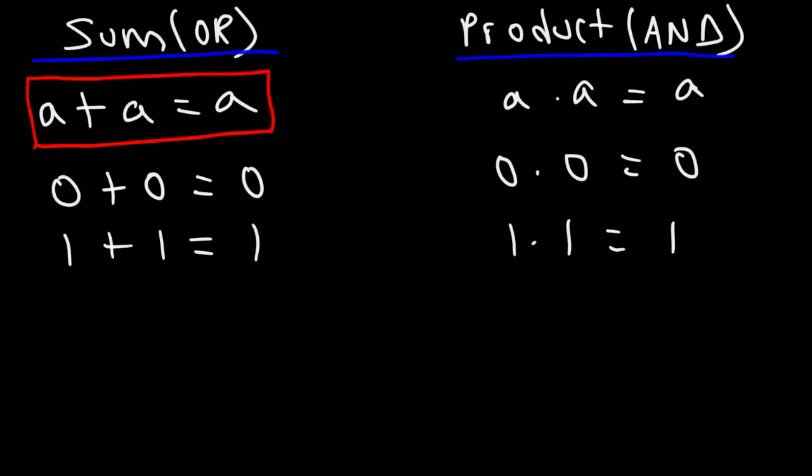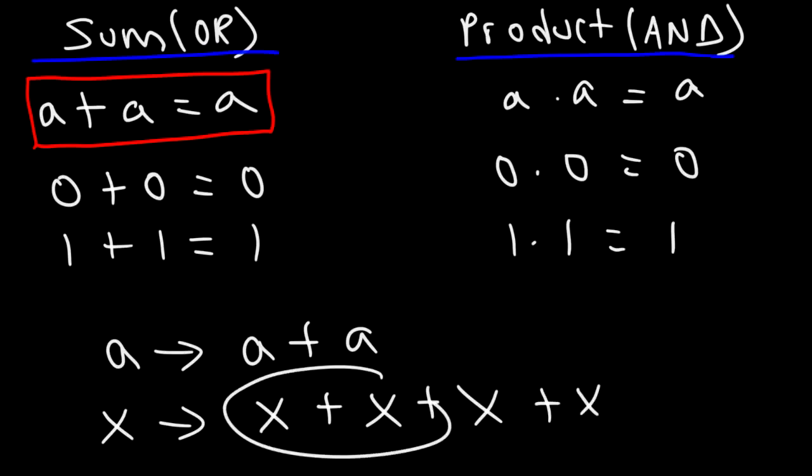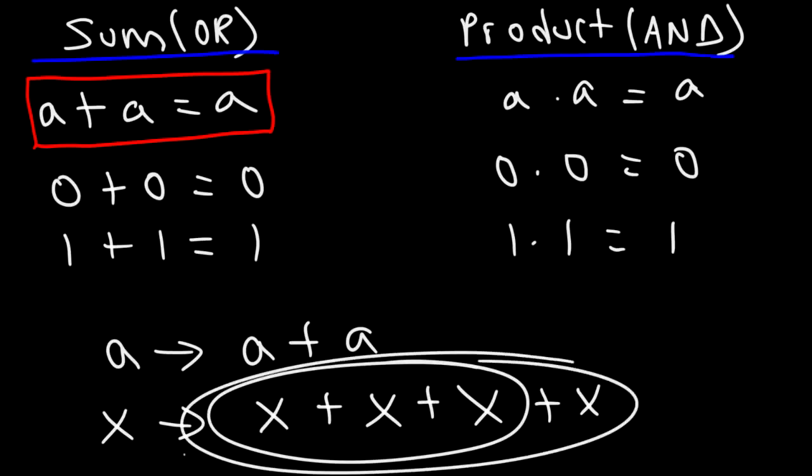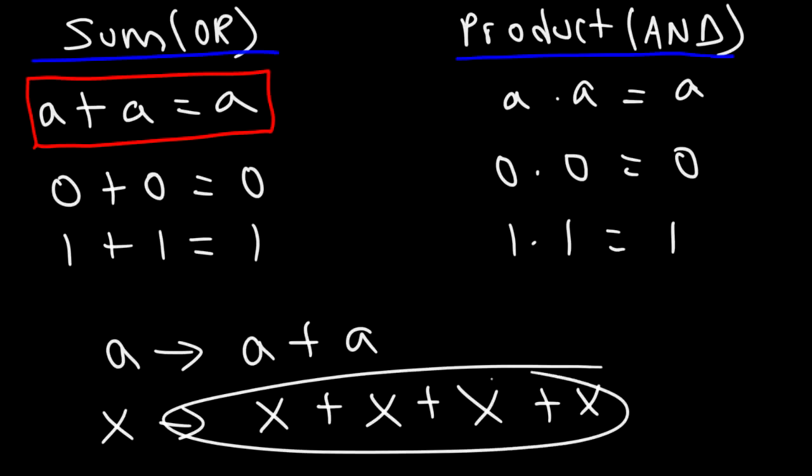So when dealing with Boolean algebra, we could take a variable A and replace it with A plus A. In fact, we can take the variable, let's use a different variable, x, and replace it with x plus x plus x. If you want to, you can add another x, because this is equal to x, this is equal to x, this whole thing is equal to x. It doesn't matter. If all four of these are in the on state, then this one will be in the on state as well.